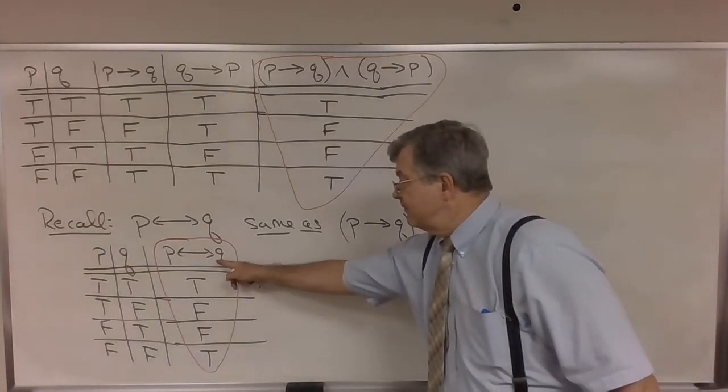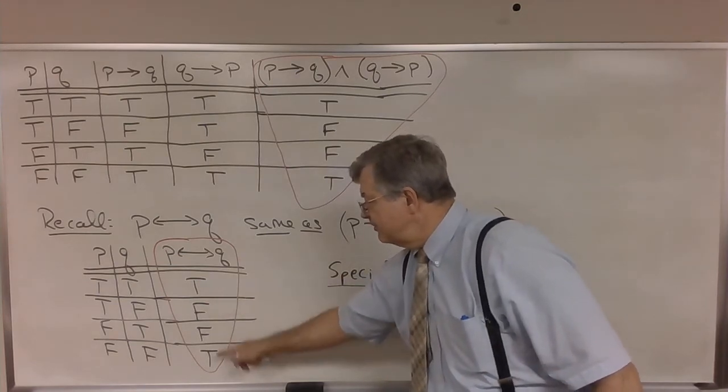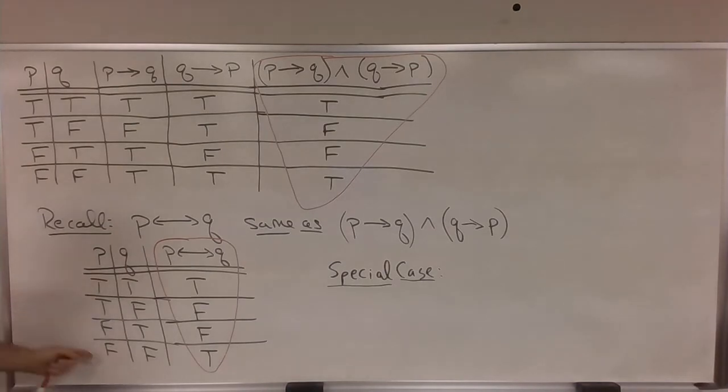P if and only if Q is true exactly when this happens or this happens. They're either both true or they're both false.